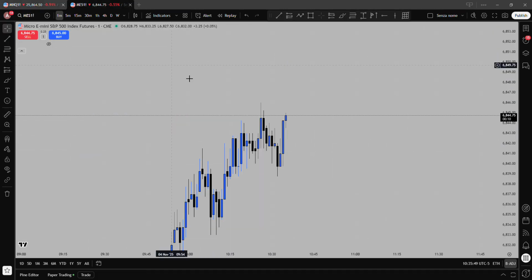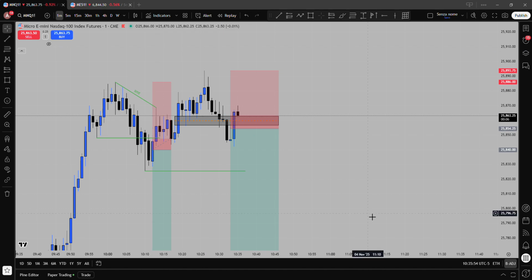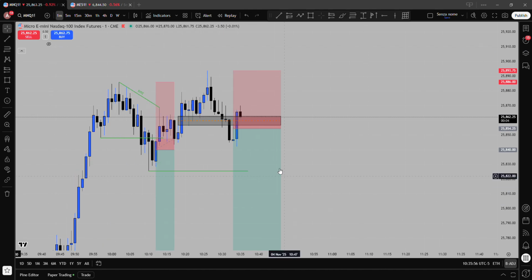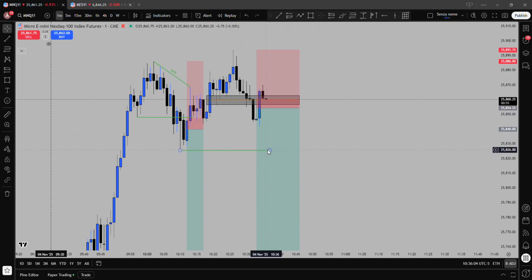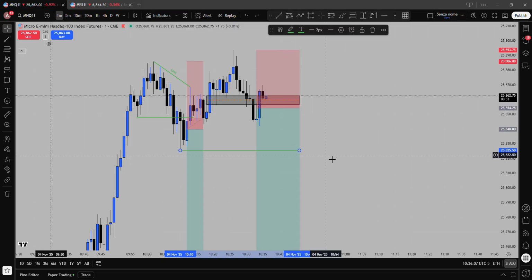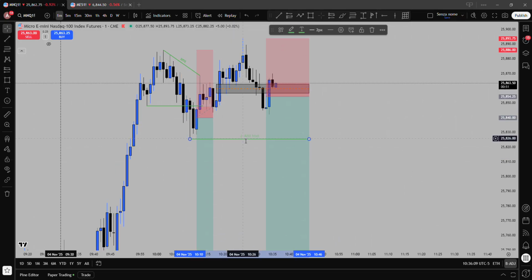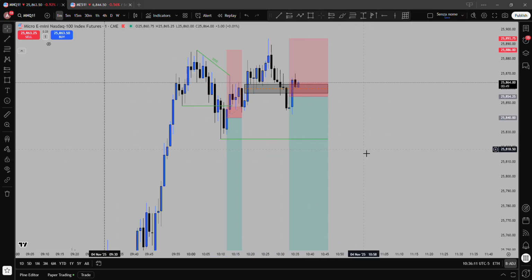We could even get an SMT divergence over those highs right here, but I'm really scared to see that. We reinversed the fair value gap once more. So the first take profit is, no, actually this is nothing.